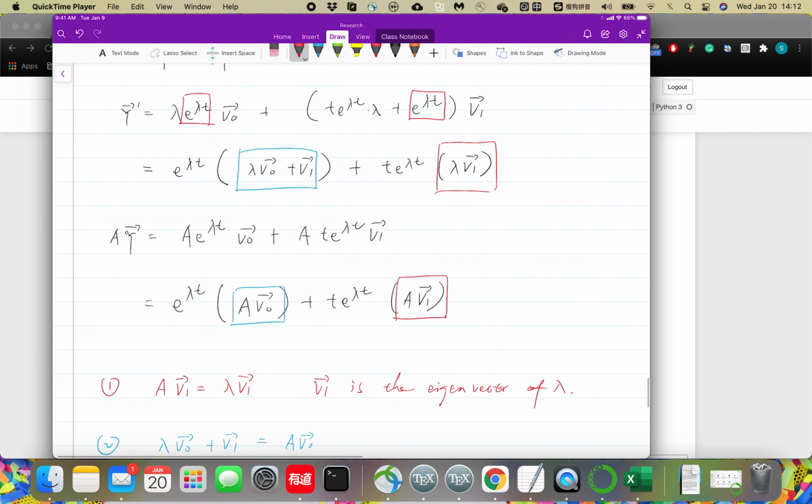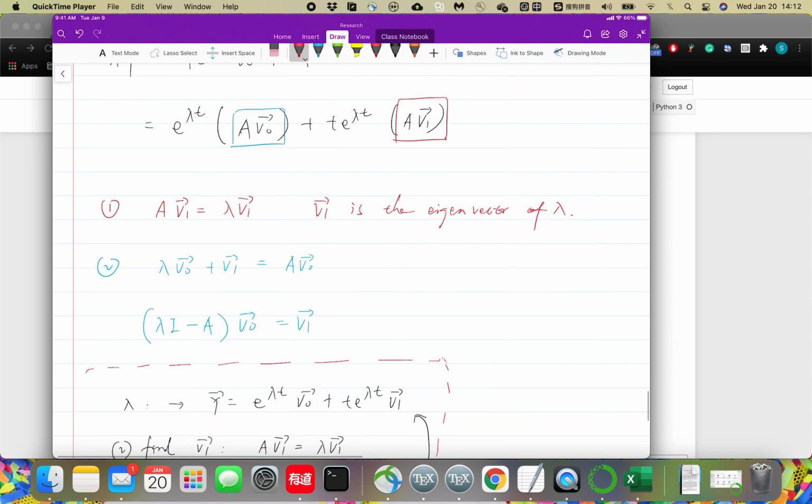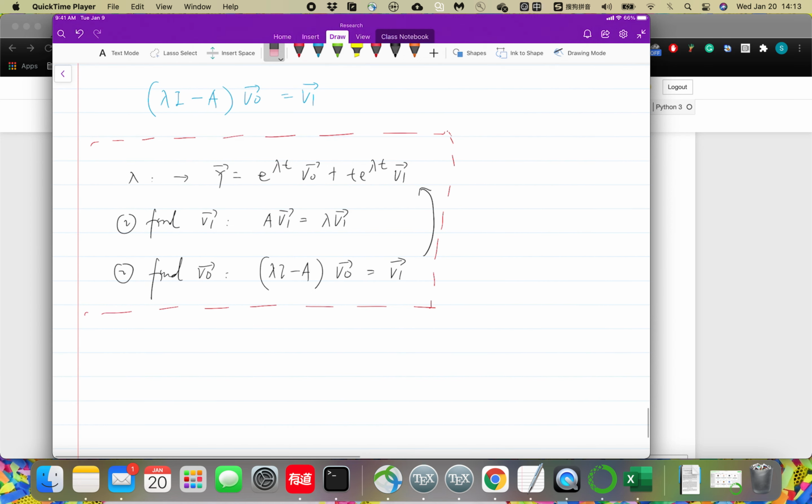We find that in order for them to be the same, the e^(lambda t) term has to match, and the t times e^(lambda t) term has to match, which implies that the red block equals the red block, the blue block equals the blue block, and the red block tells you a simple truth, that is your v1 should be calculated from finding the eigenvector, and your v0 should be calculated from that formula after you know how to find v1. Then we wrote them all down into this recipe. This is how we're going to do it.